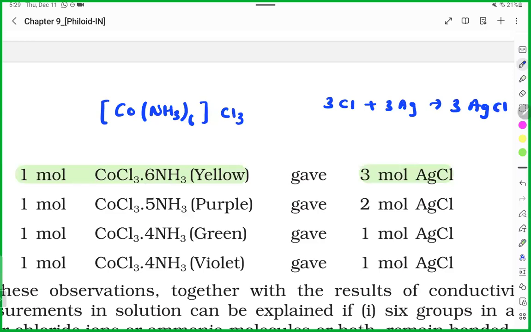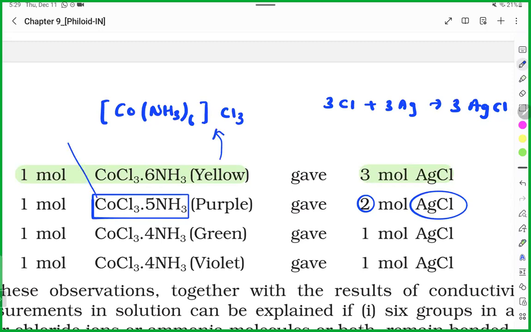Understood? Yes, sir. If chlorine is present inside the square bracket, it will never react. Example, in the next case, you are forming 2 AgCl. It means in this compound, 2 chlorine will be outside, correct? And 1 will be inside.